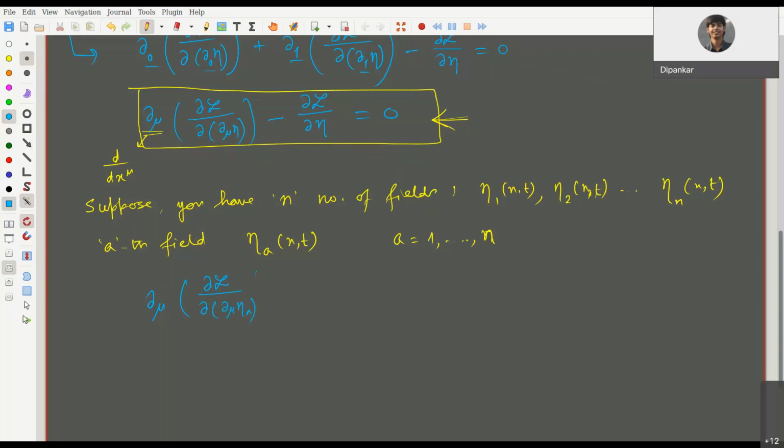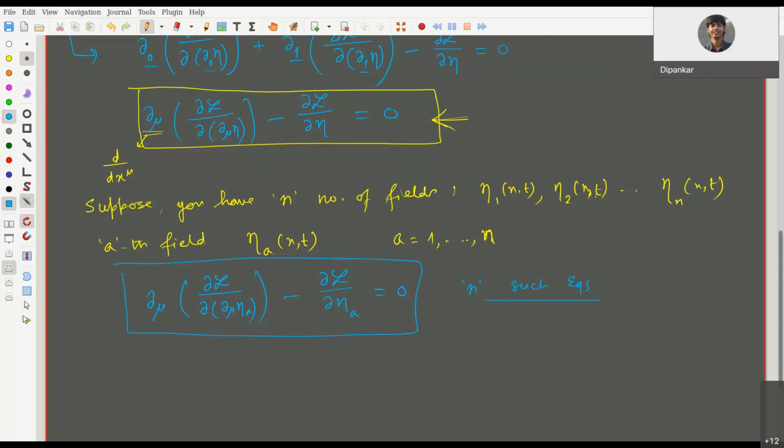So this is del mu of del L by del (del mu eta a) minus del L by del eta a equals 0. So there are n such equations. This is for eta a.